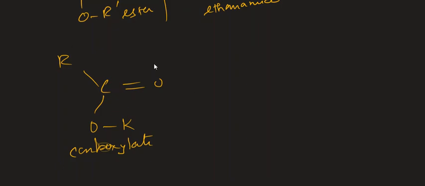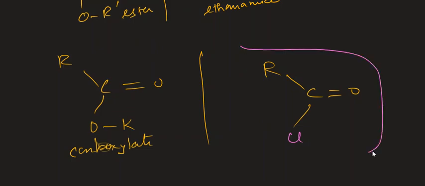And you can have acid chlorides also. You have C double bond O, and you had put OH. Okay, so remove this OH and put Cl. Then you will get what? RCOCl. It is called acid chloride or acyl chloride. Okay, so likewise acyl chloride or acetyl chloride.